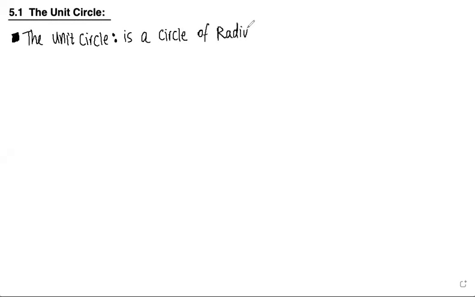First of all, we have to define the meaning of the unit circle. Here, the unit circle is a circle of radius 1 and center 0, 0, the origin.